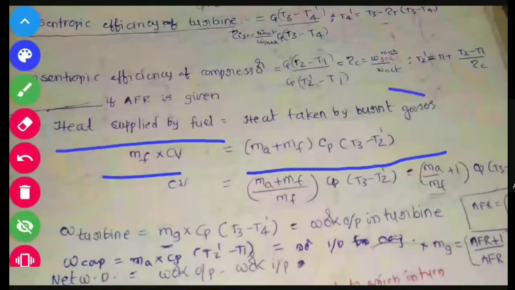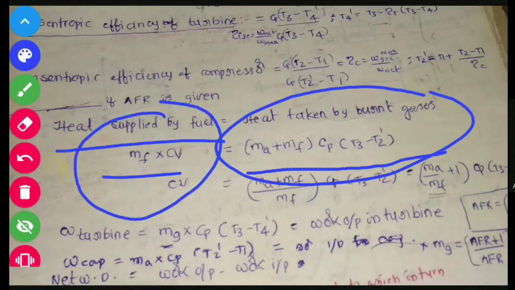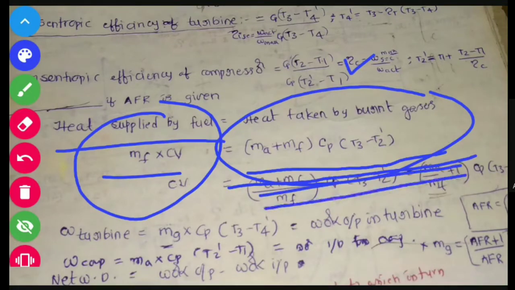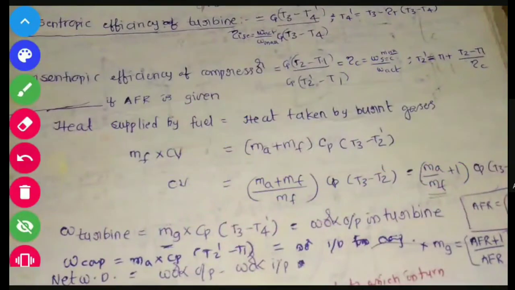The combustion chamber is in between 3 and 2 here. Given the mass of fuel, after burning it gives the calories. That means Mf into CV is nothing but the heat supplied, and it must be equal to the heat developed in the combustion chamber, that is (Ma plus Mf) Cp(T3 minus T2 dash). That means both are equal, right? So from the two equations you can find out the required values.